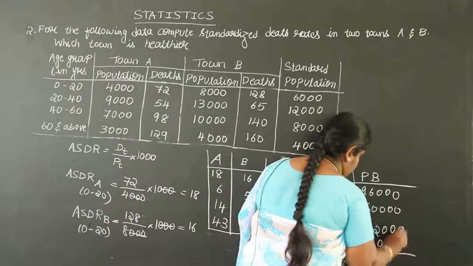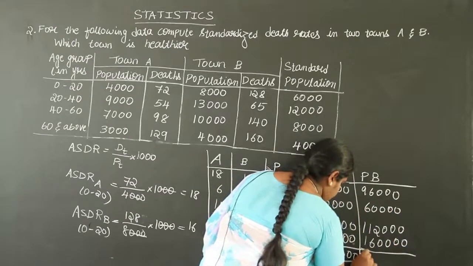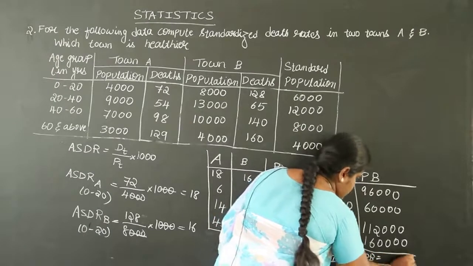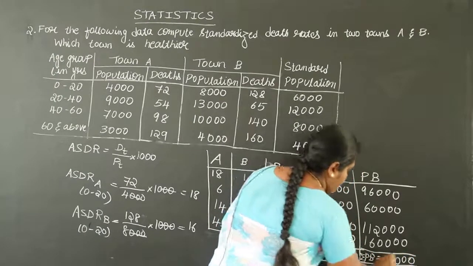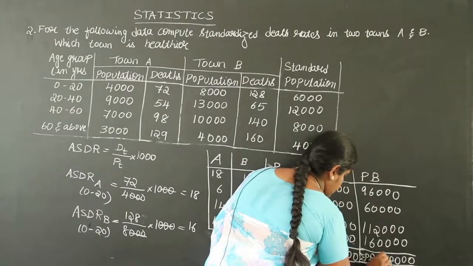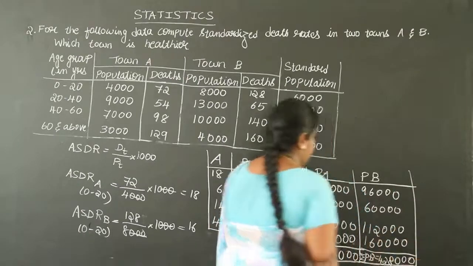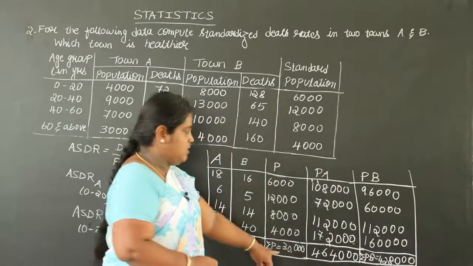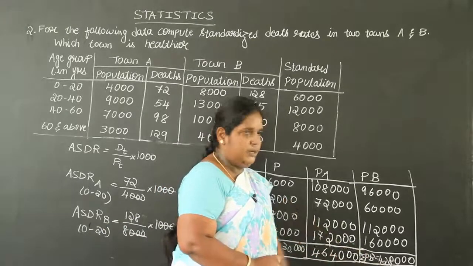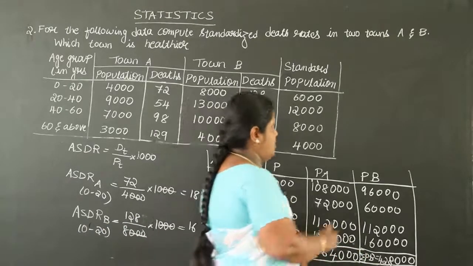Now do the total of sigma PB. So sigma PB is 4,28,000. So we got P value as 30,000, PA is 4,64,000 and PB is 4,28,000.